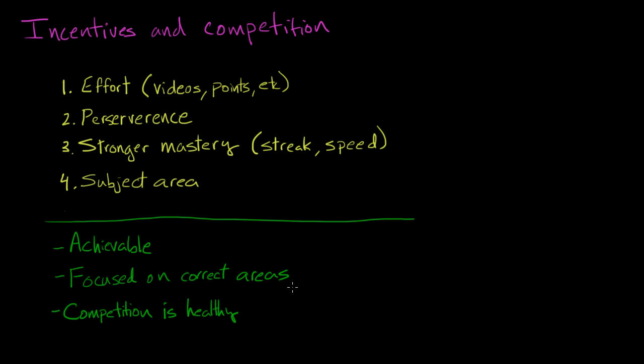The second thing is you really need to ensure that the students are focused on the right areas. And this can be dangerous because as soon as you introduce competition, it may focus students differently than where you set their one-on-one individual goals. As an example, you may have told a student that you want them to work on these 3 exercises as a part of their individual goal, but then you have a different metric or incentive in the class on energy points.